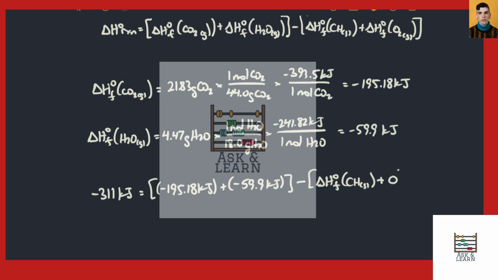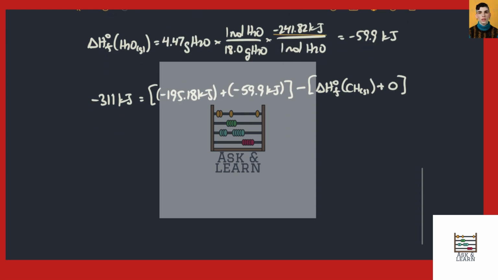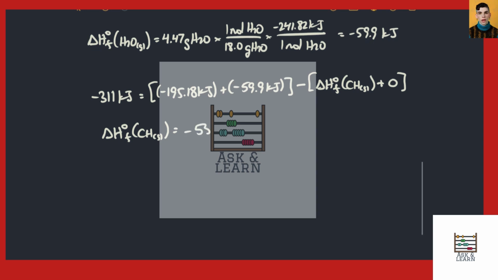The delta H naught formation of O2 is 0. So solving this for the delta H naught formation of CH solid, we find that this is equal to negative 55.92 kilojoules.